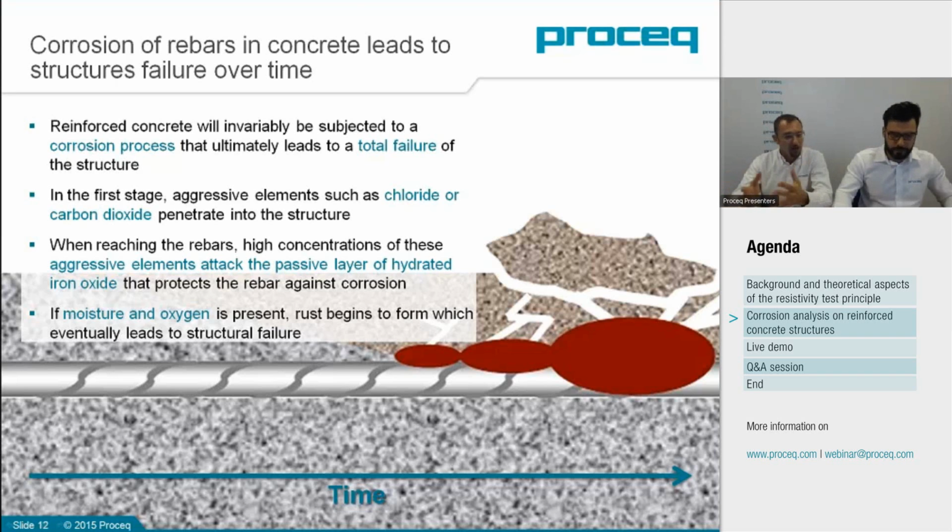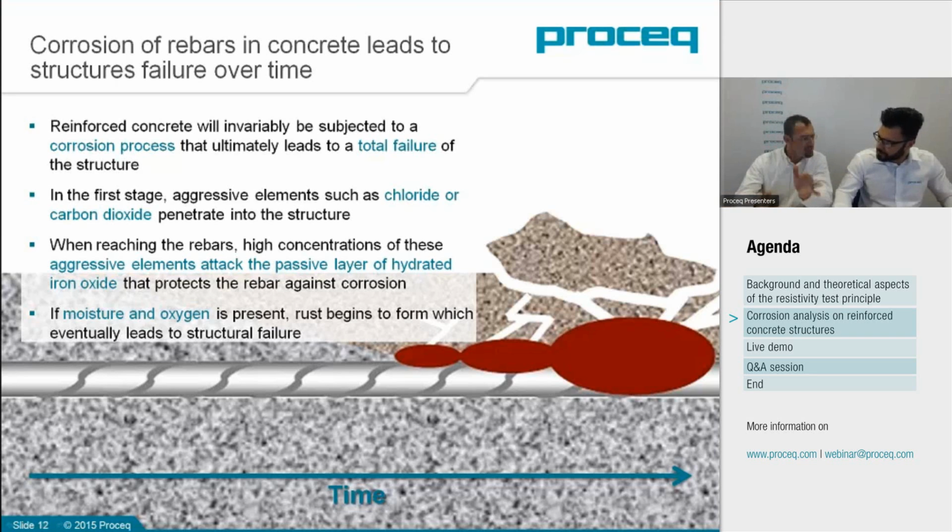So everything is fine until, over time, some aggressive agents, and we're speaking about carbon dioxide, something we cannot avoid having in the environment, will permeate through the cover and will destroy the natural ability of the concrete to provide protection to the steel.